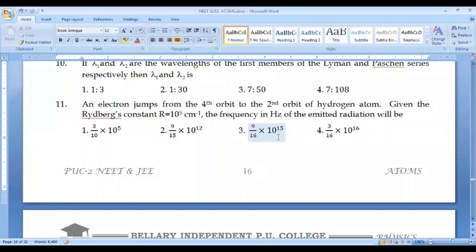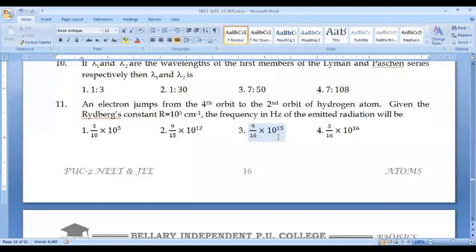Now we'll go for question number 11. Note down the question. 11th question. An electron jumps from fourth orbit to second orbit of hydrogen atom.